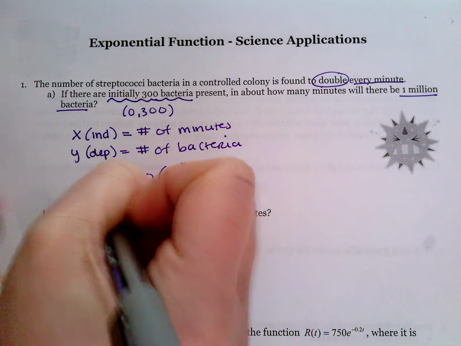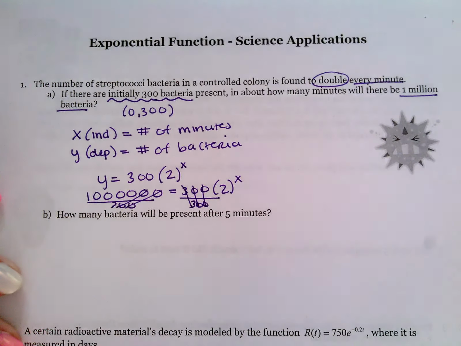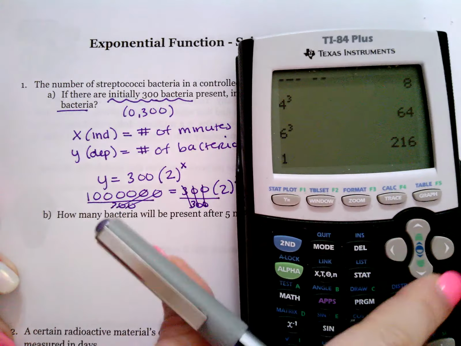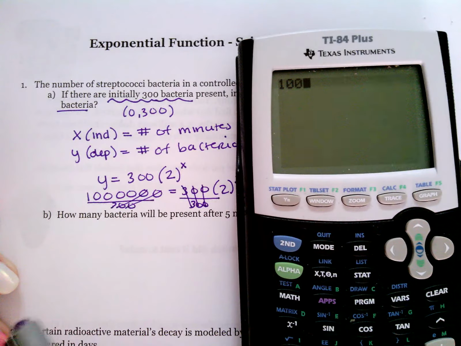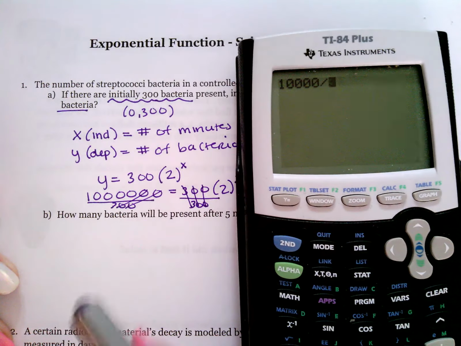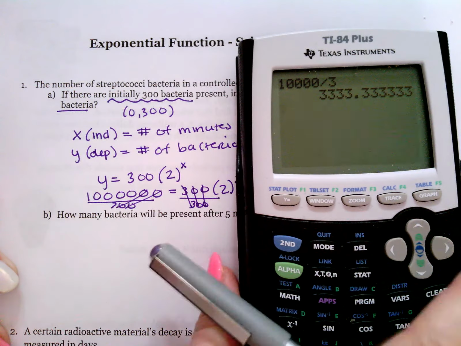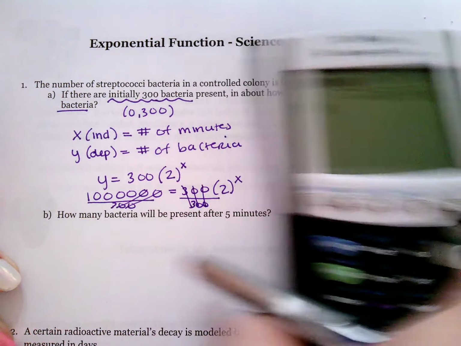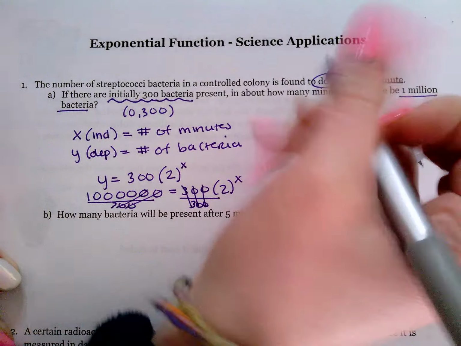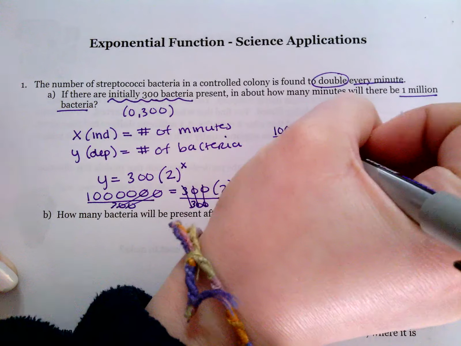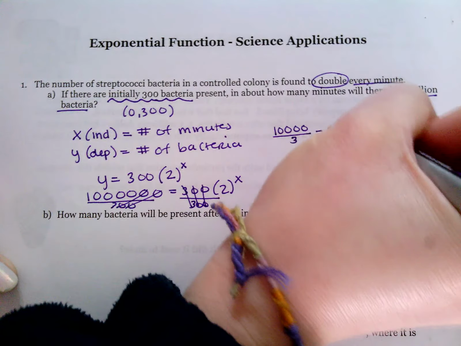I'm going to use my calculator, divided by 3. I get that really nice number, so maybe I don't want to round it right now. So I've got 10,000 thirds equals 2 to the power of x. I want to figure out where those two intersect so that we can figure out what x is.